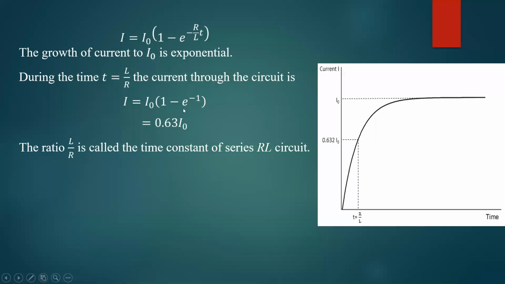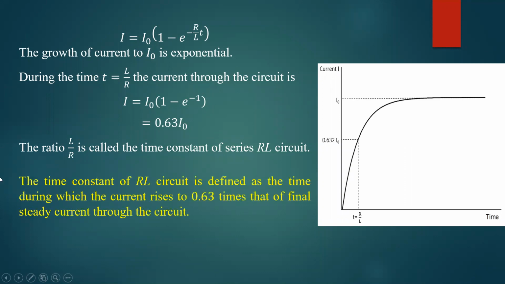We know that 1 minus e to the power minus 1 is 0.63. So this will become 0.63 times I naught. So current will become 63% of the maximum when T is equal to L by R. Okay, sorry, this was written as R by L, it should be L by R. Sorry, I have to correct it.